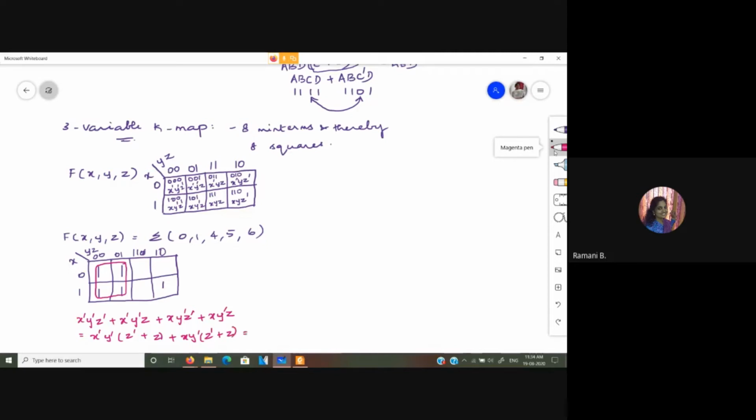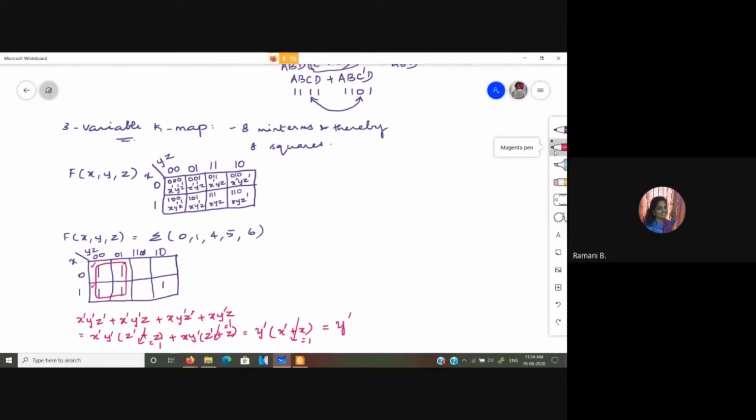Now simplifying this again, these two terms will become 1. So you are having x bar, y bar plus x, y bar. Taking y bar outside, you will be having x bar plus x. So this will again become 1 and you will be having y bar for these four ones. To write that, here we are having x is equal to 0 and x is equal to 1.